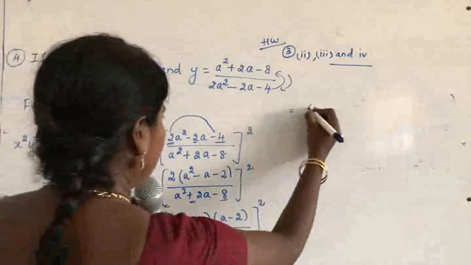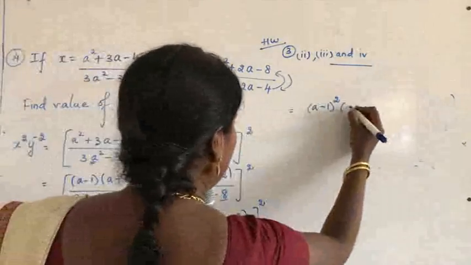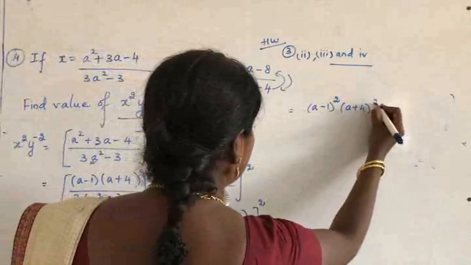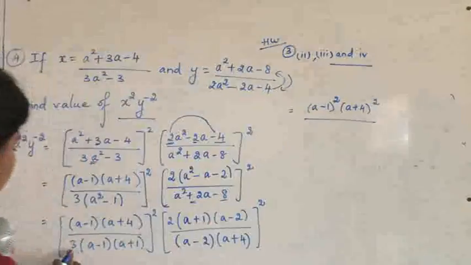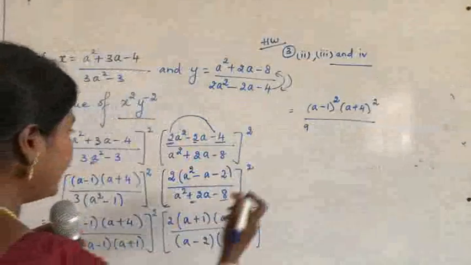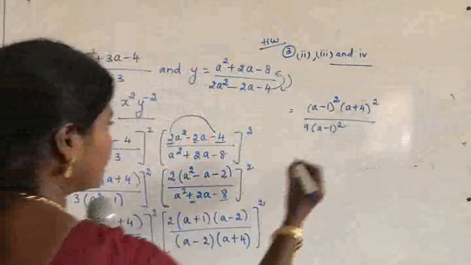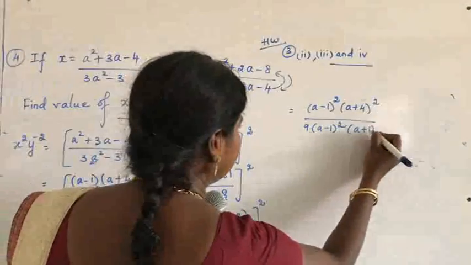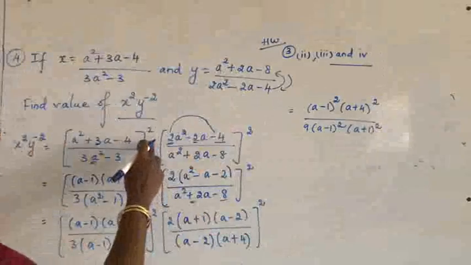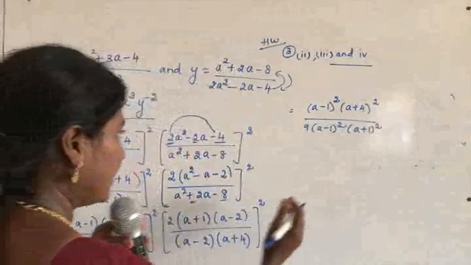So what do you get? A minus 1 the whole square, a plus 4 the whole square upon 3 square, which gives you 9, a minus 1 the whole square, a plus 1 the whole square. Since this is a multiplication, no need to change anything over here. You are just going to take the second part as it is.